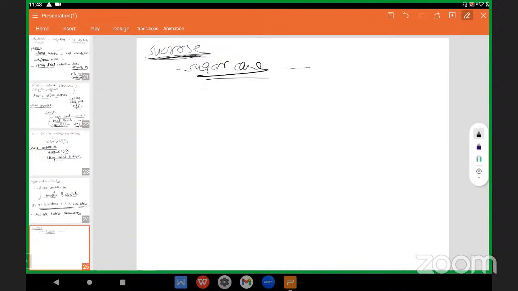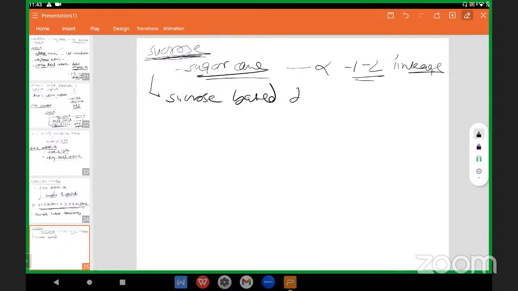Okay, and what is the linkage in the sucrose? As we have discussed, what is the linkage? Alpha 1,2 linkage. Okay, some of the sucrose based diluents. Take down the examples of sucrose based diluents.